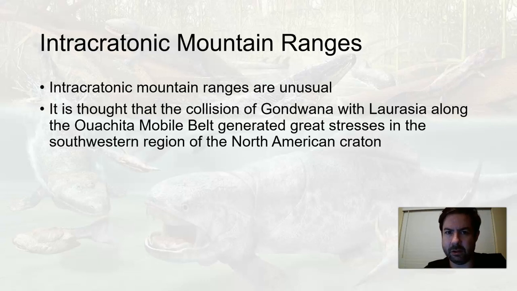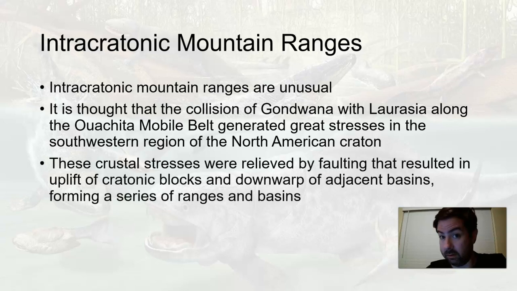It's thought that the collision of Gondwana and Laurasia that we just looked at, along the Ouachita mobile belt down in the southern part of the Appalachian mobile belt, generated great stress in the southwest region of North America, or at least what would become the southwest, where we live now.